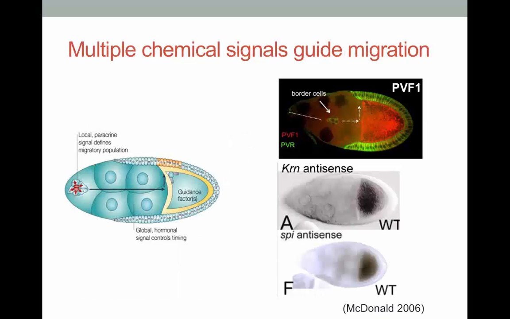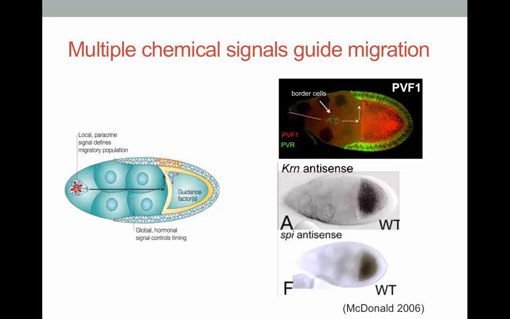So luckily, we have mathematical modeling to help us find it out. And we can use the same migration speed information to deduce what the chemical gradient really looks like. As you can see here, to remind you, this is a Drosophila egg chamber, and the border cells here are guided by multiple signals when they are doing directional migration to the oocyte. One signal is called PVF1, and this is actually PDGF and VEGF related factor.